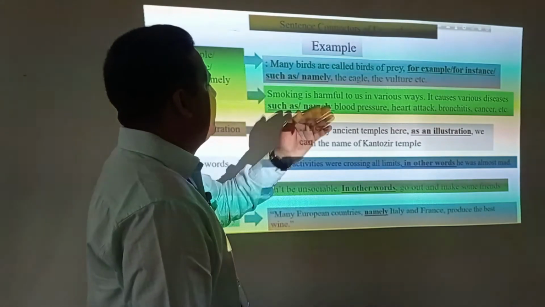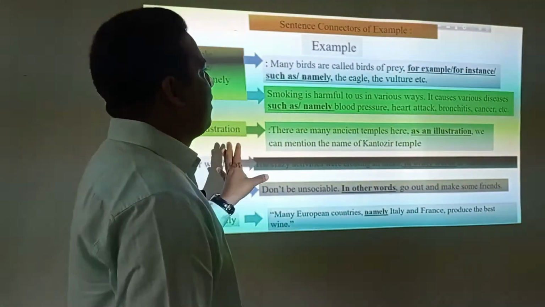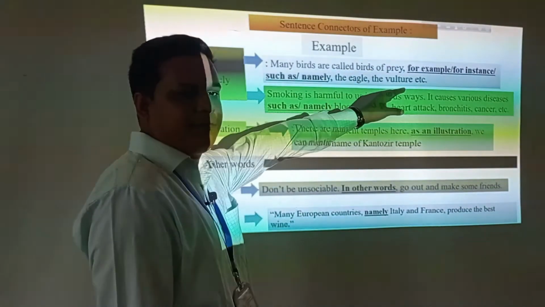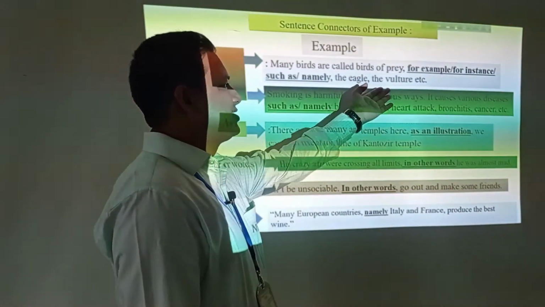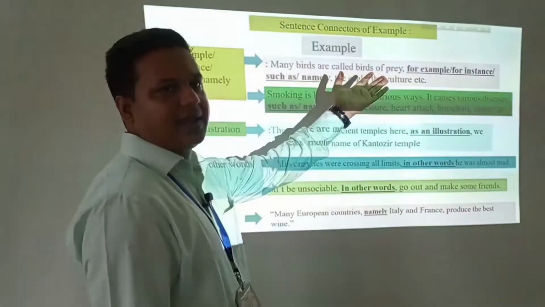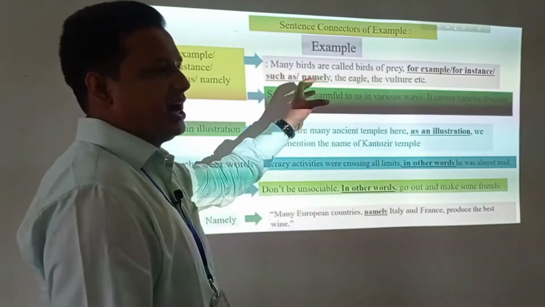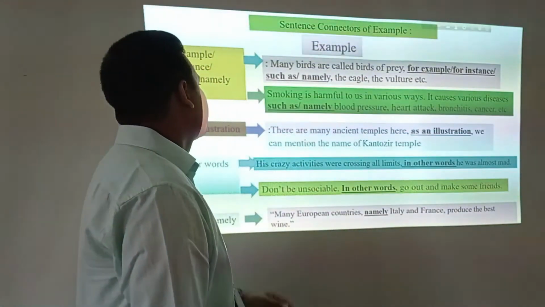So let's see. Many birds are called birds of prey. For example, for instance, such as, namely, the eagle, the vulture, etc. are called birds of prey. So here examples are given on birds of prey.